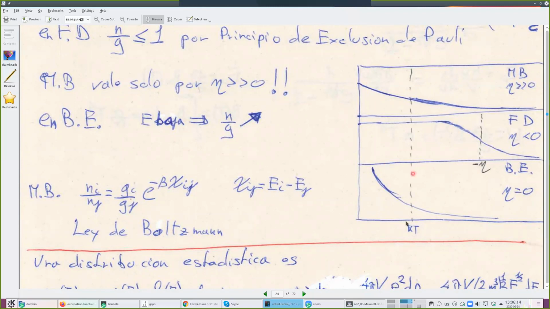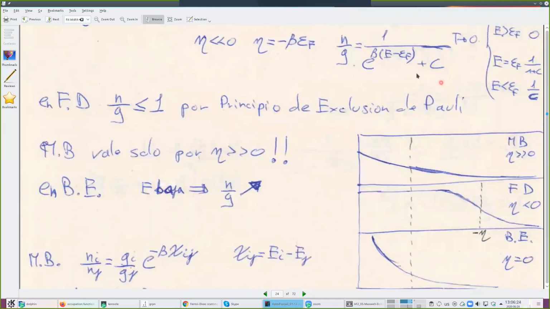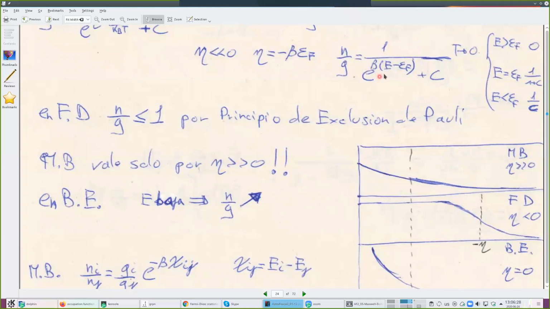Here the Bose-Einstein then goes higher and higher because, remember, here we have the -1, so at beta times an energy that is really small, when this is small, this goes to the argument.